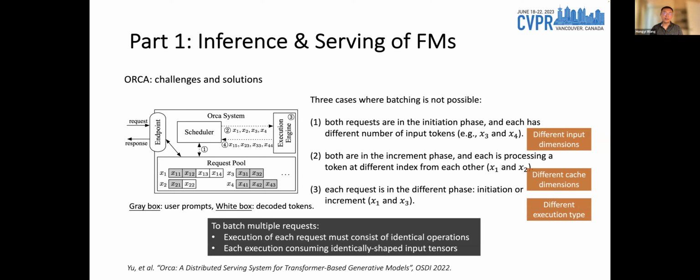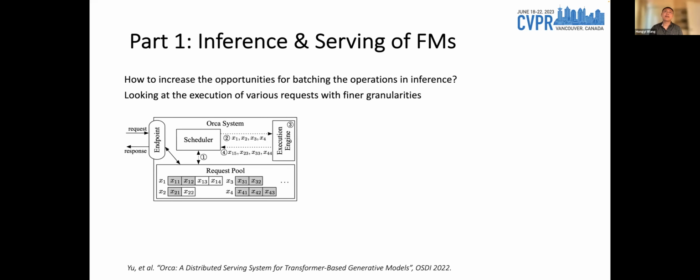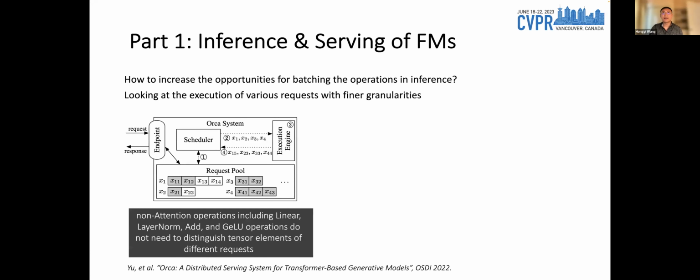So to batch multiple requests, we need to execute the same operation on exactly the same input dimensions. That seems to make things hard. But the solution is that we can look at a finer granularity. If we look closer, we find that attention is what prevents us from batching the computation together.